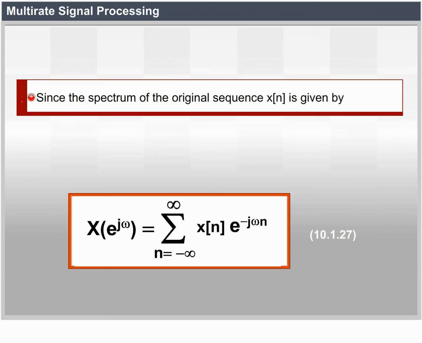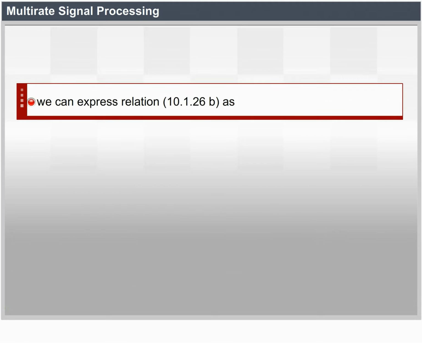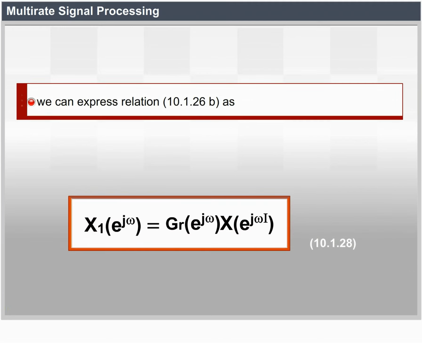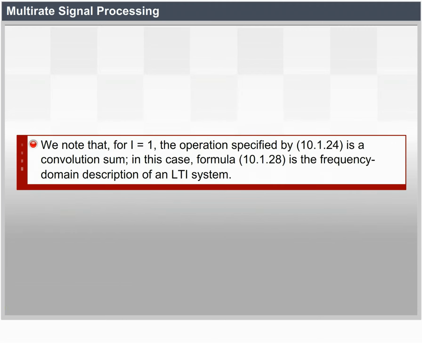10.1.27, we can express relation 10.1.26b as X_I(e^jω) equal to G_I(e^jω) X(e^jωL), equation 10.1.28. We note that for L equal to 1, the operation specified by 10.1.24 is a convolution sum. In this case, formula 10.1.28 is the frequency domain description of an LTI system.